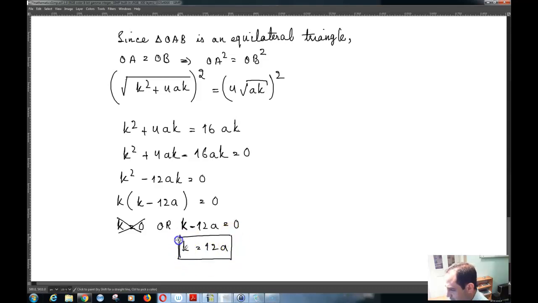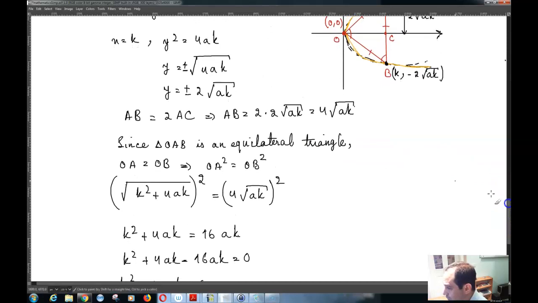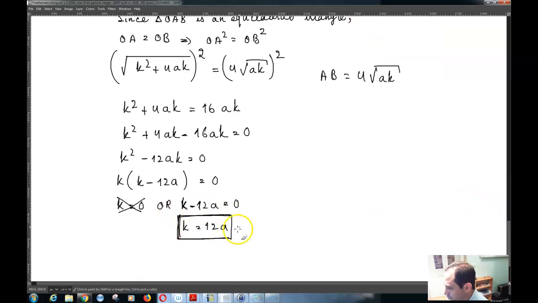So this way, in a very intelligent and smart way, you can find your k in terms of a, and then you can substitute it back over here, and you will have an expression only in terms of a. Over here we said that AB is equal to 4 times the square root of ak. Since k is equal to 12a, I can write AB is equal to 4 times the square root of 12a squared.